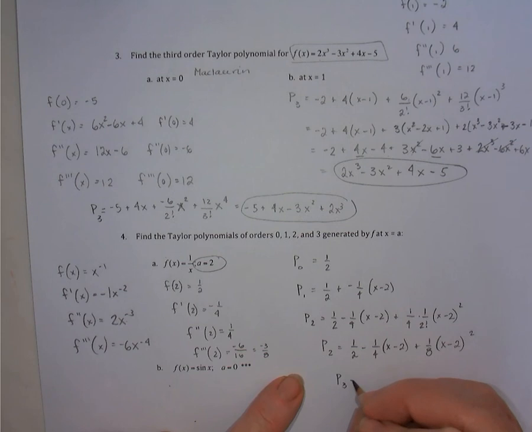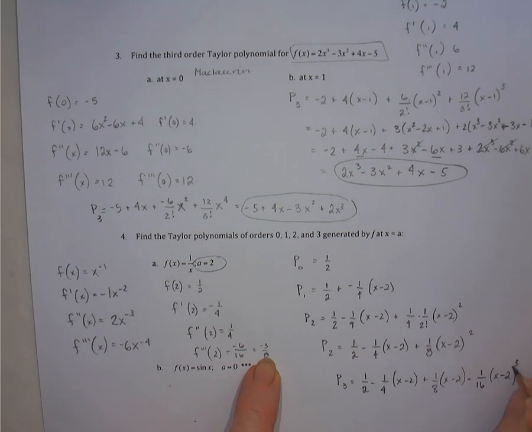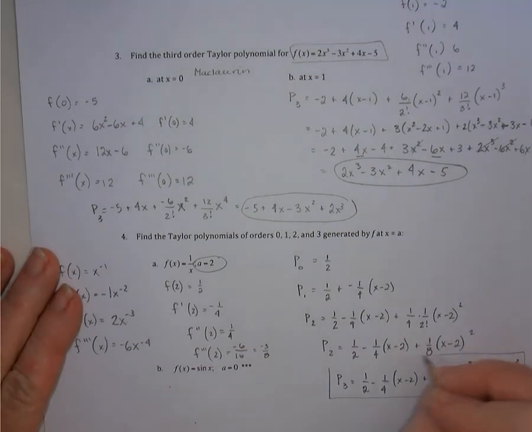And P sub 3 is that whole thing, and then minus 3/8 times 1 over 3 factorial. The 3's cancel, so I'm going to have minus 1/16 (x minus 2) to the 3rd. Okay, and there we have it.